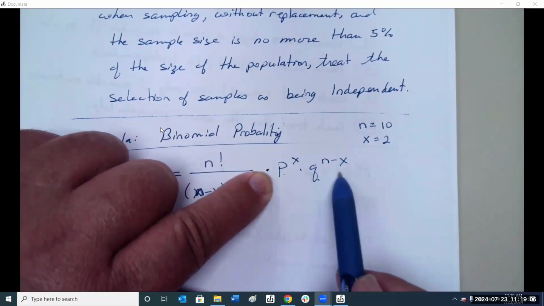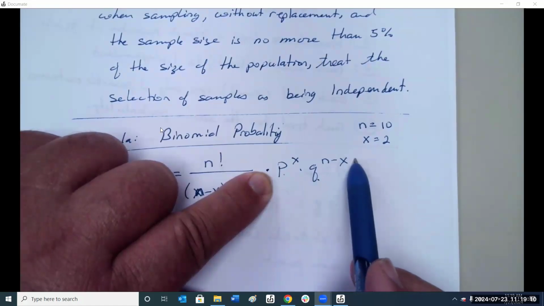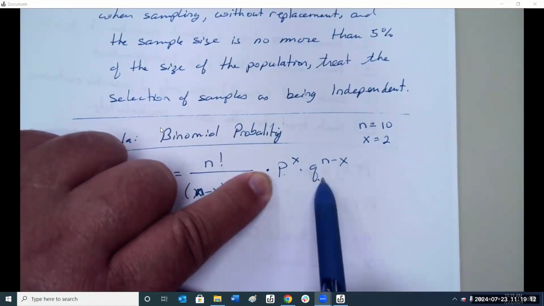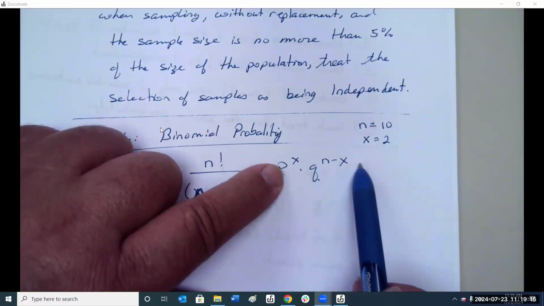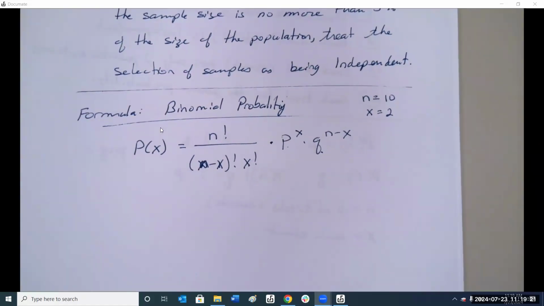Those have to be the failures. That's why it's Q to the power n minus X. So the powers of P and Q, if you add them together, have to be how many samples you have, because that looks at all the possibilities. The probability is success and everything else is failure.